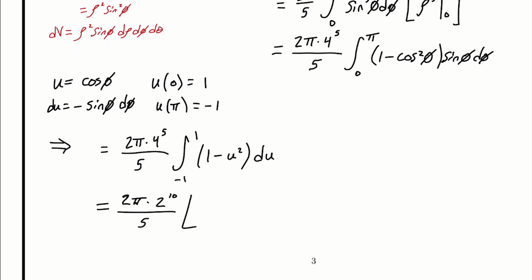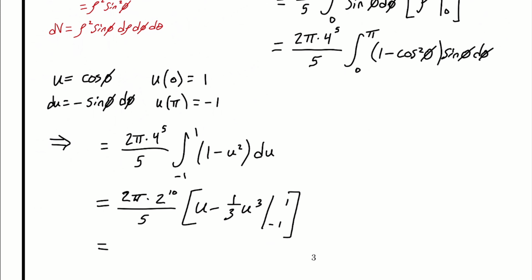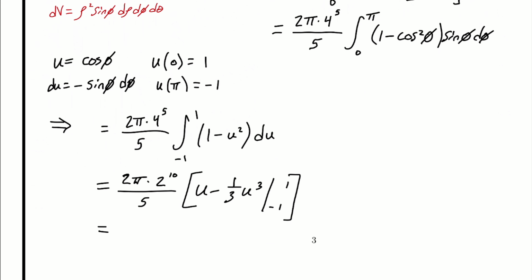And then this would be u minus a third u cubed from -1 to 1. And then this right here, I guess we have pi times 2 to the 11th over 5.